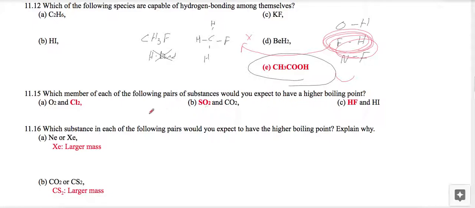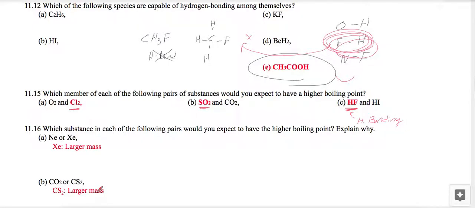Higher boiling point, higher molecular mass here. And then this one here is the interesting one. This has a higher molecular mass by far, but this goes through hydrogen bonding, so that's going to have the higher boiling point. Hydrogen bonding is much, much greater than dipole-dipole. Xenon, larger mass.